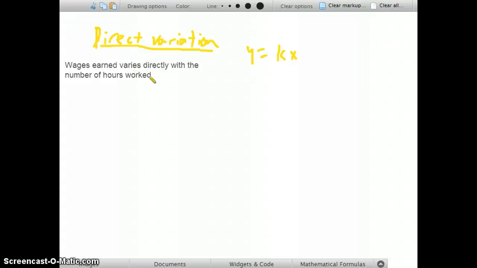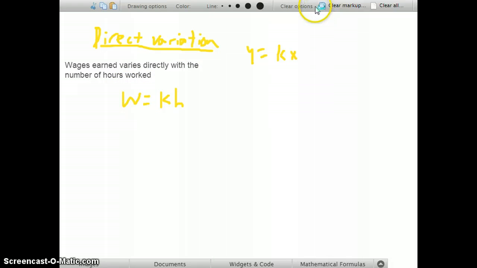For this, it would be W, wages, equals the constant of the variation, k, times the number of hours worked, H. So if they ever give us any values for wages earned or hours worked, we'd be able to find the answer to the real world problem.